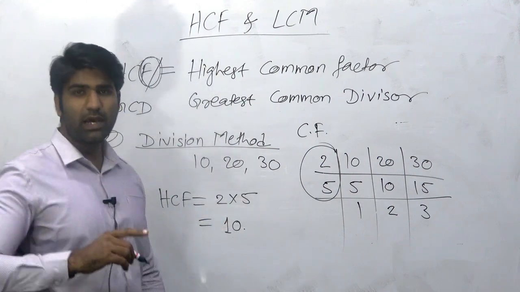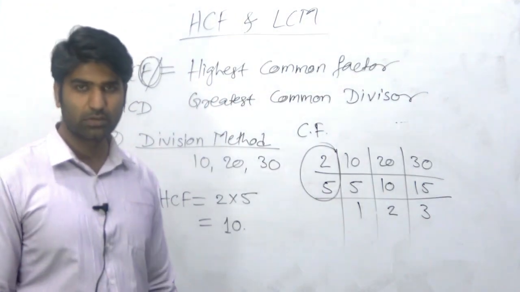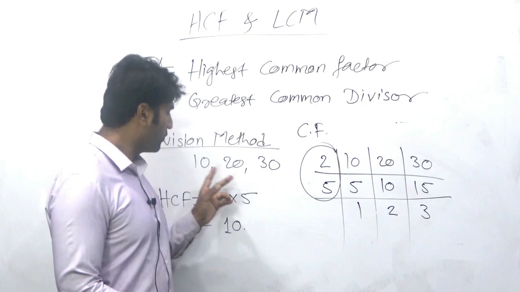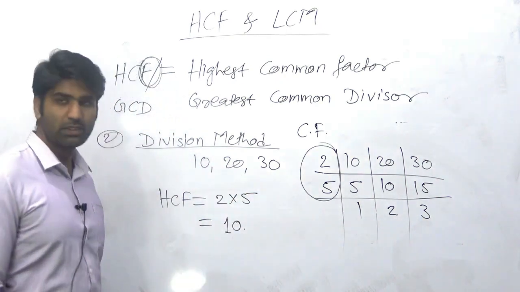So 10 is the highest number which can divide these three numbers. Therefore our answer is 10.